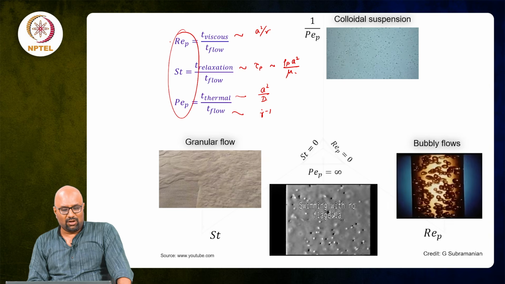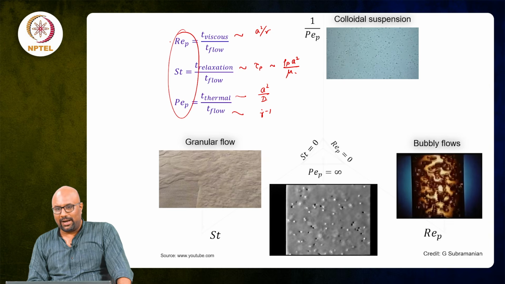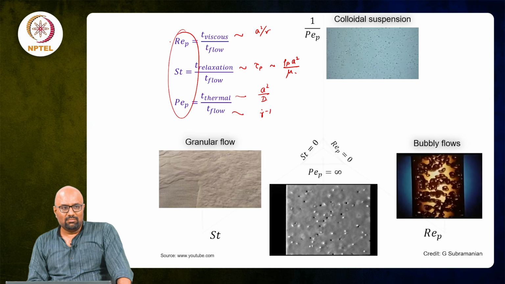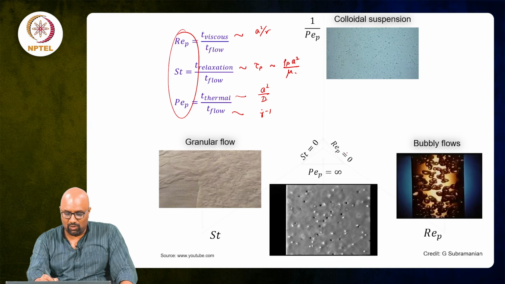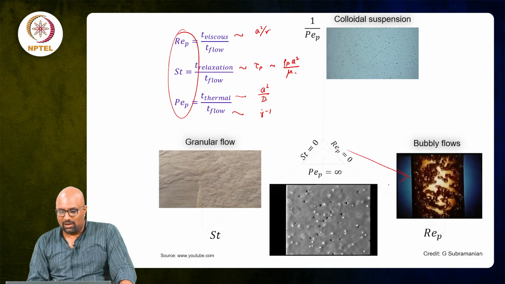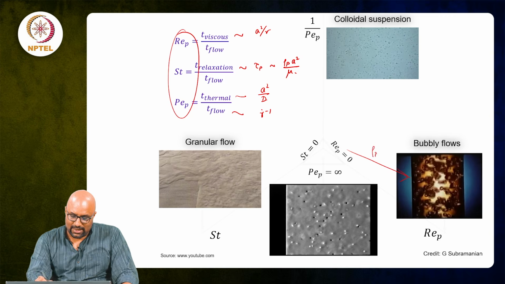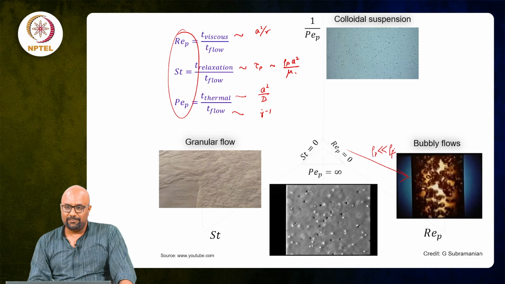You have the Reynolds number, the Stokes number, and the Peclet number, and the picture that we discussed was that at large Reynolds number you are going to get bubbly flows. If you are moving along the axis of Reynolds, you get bubbly flows, because the particle density is negligible compared to the fluid density. That is the Reynolds axis.